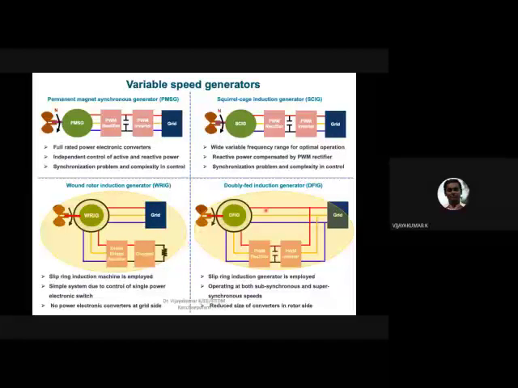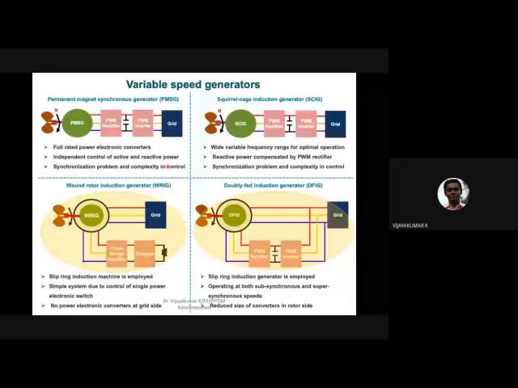In the same way, DFIGs have advantages depending upon the condition. In a wind energy conversion system, when we go for offshore power generation, DFIGs are the better candidate, right? That's a major advantage as compared to the previous two topologies.